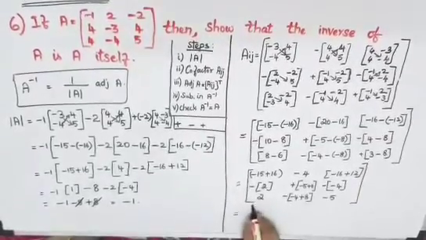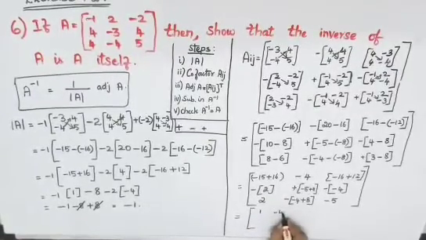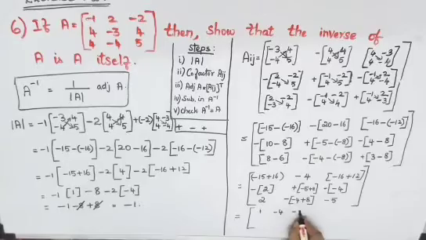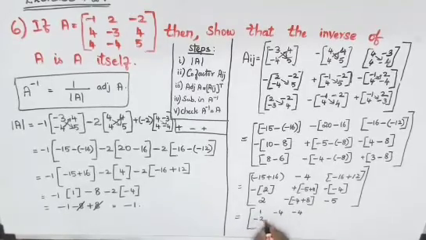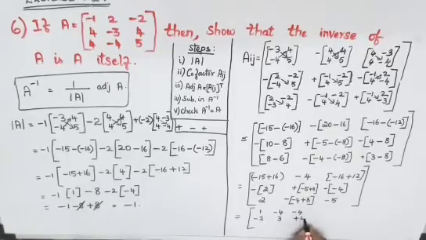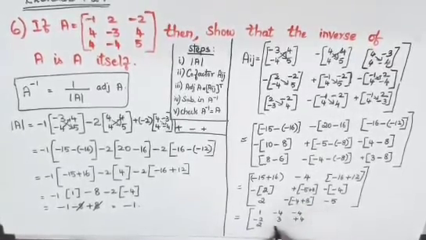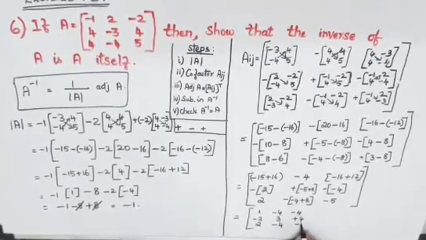Last step of solving is minus 15 plus 16 is 1, minus 4, again this is minus 4, this is minus 2, 3 plus 3 plus 4, 2, this is plus 4 but minus is outside, so minus 4, minus 5.